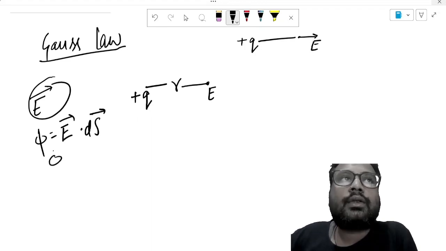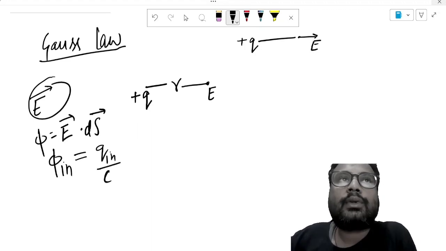So flux passing through any charge which is present inside the closed surface is equal to q in by epsilon naught.